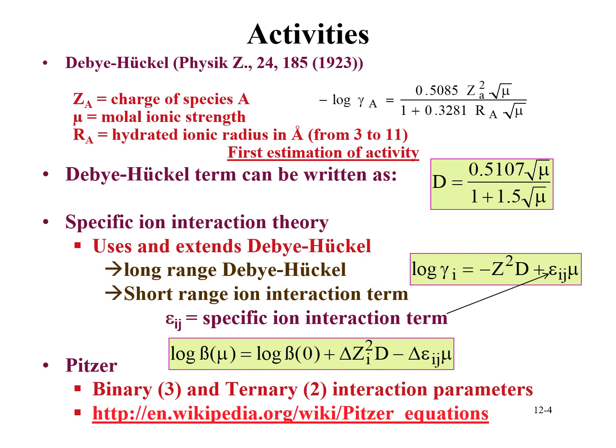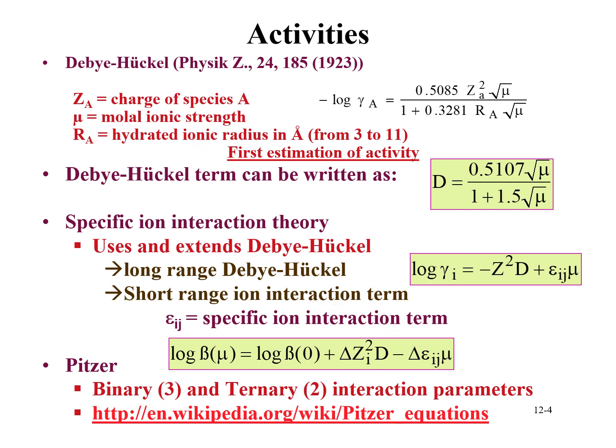One can wrap up all these terms together and develop an equation which says the log of the complexation constant at a measured ionic strength is equal to a zero ionic strength plus this function of the Debye-Hückel term minus the specific ion interaction terms times the molal ionic strength.